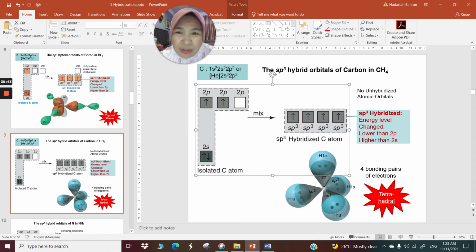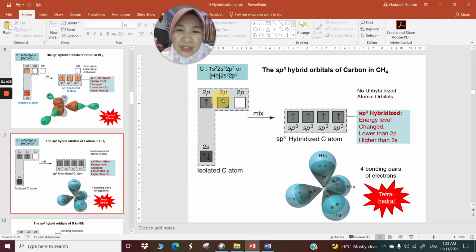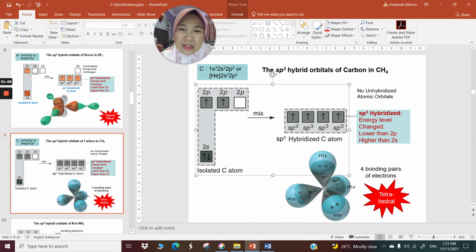And to get 4 hybrid orbitals, you need to mix 4 atomic orbitals. It has to be the 2s with the 2px, 2py, and 2pz. So the s with these orbitals of p, they're going to make hybridization, because initially you start with 4 atomic orbitals, 1, 2, 3, 4.